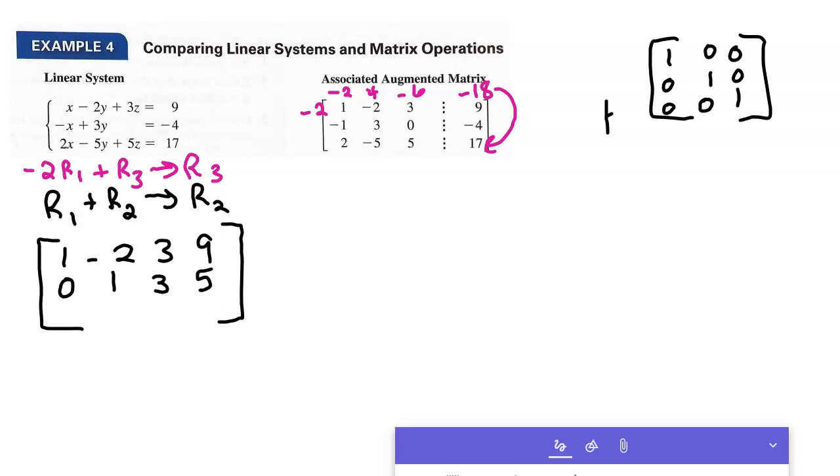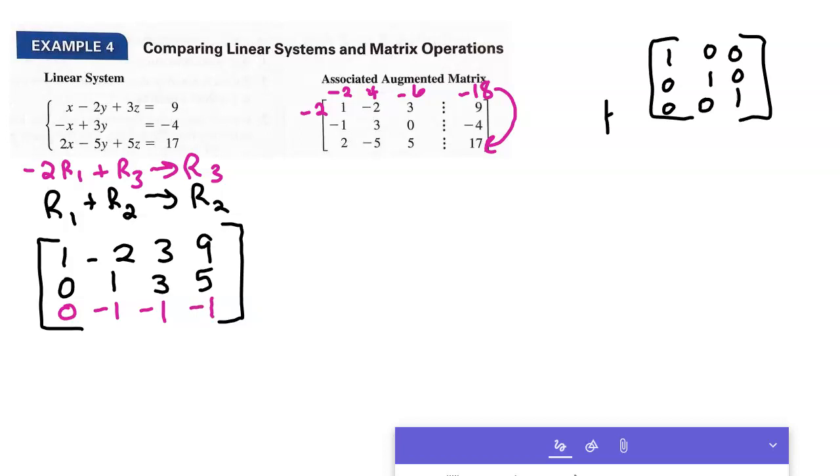Well, -2 plus 2 is 0. 4 plus -5 is -1. -6 plus 5 is -1. And -18 plus 17 is -1.